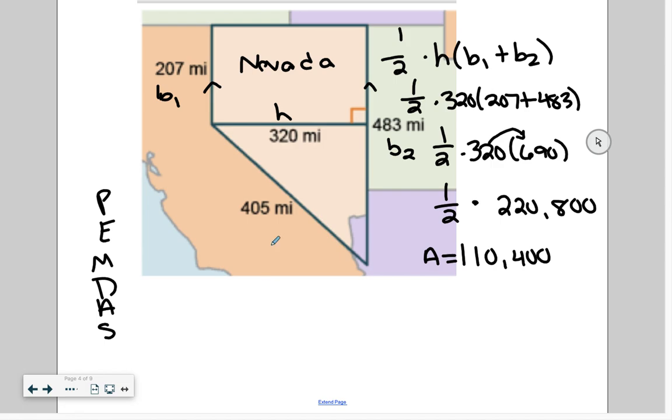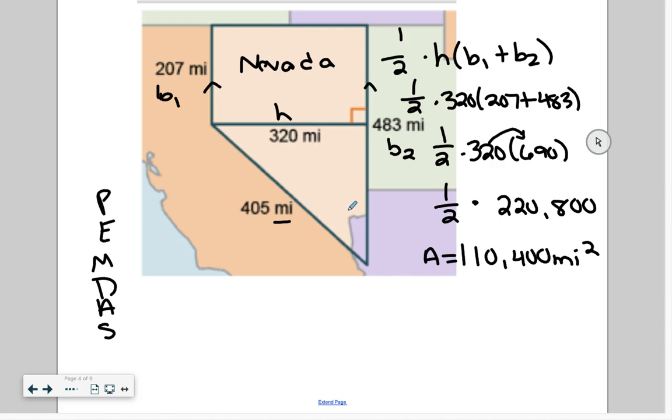And because we're dealing with the area, we have to have squared units. In this example, our units is miles. So we're going to have 110,400 square miles. And that is our approximate area for the state of Nevada. Remember, this is approximate because it's not exactly a trapezoid.